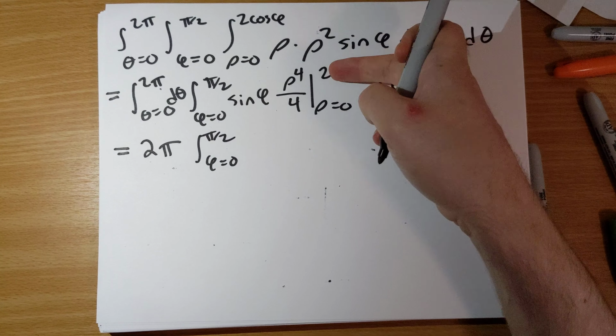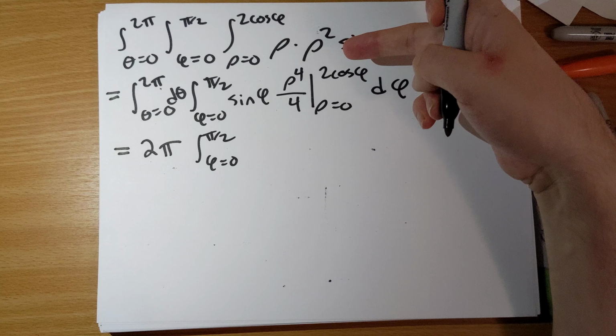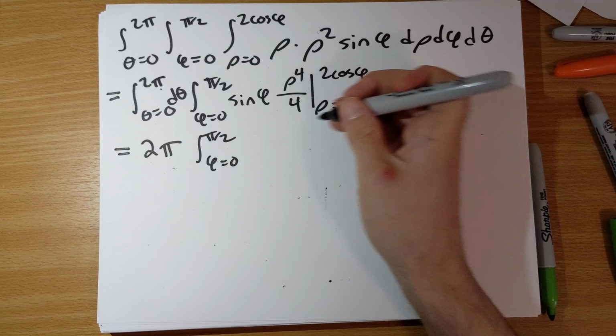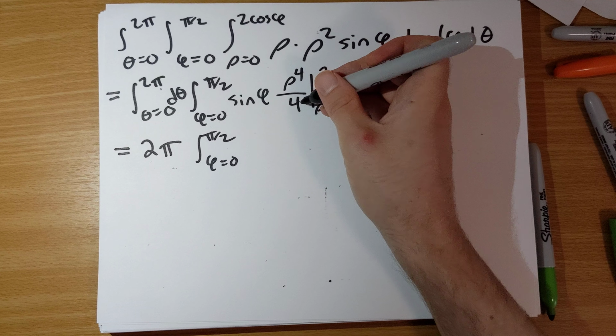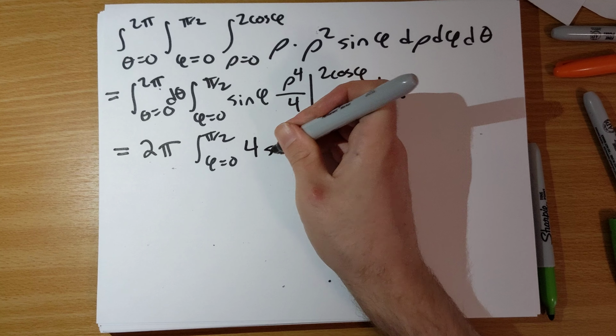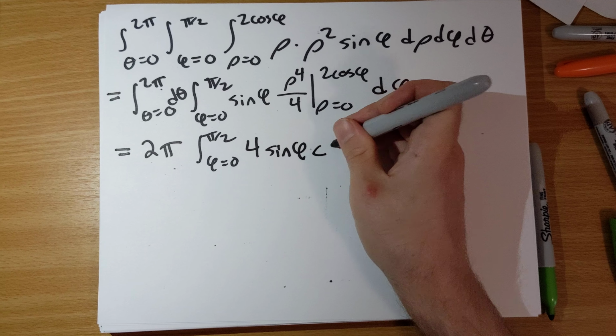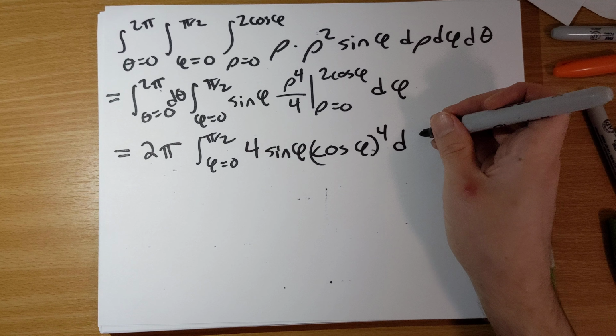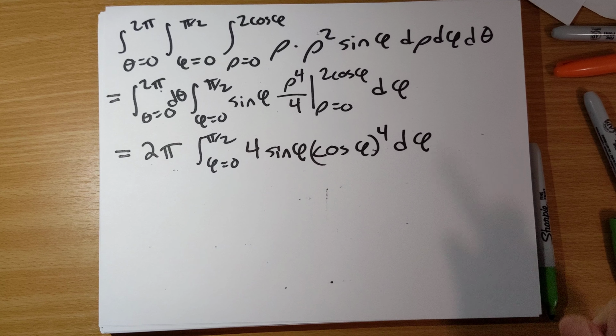And then when rho is 2 cosine phi, this will give us 2 to the 4th, which is 16, over 4 is 4, times sine phi cosine phi to the 4th d phi.